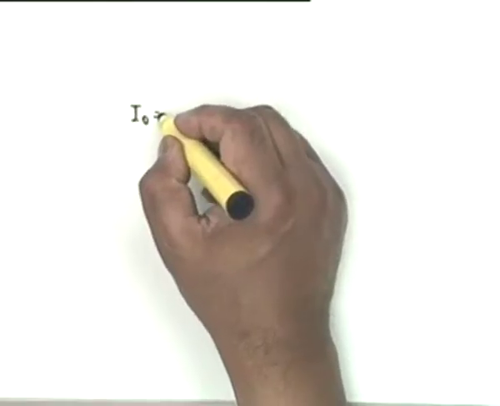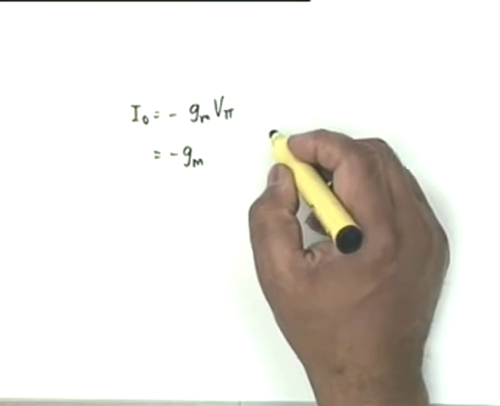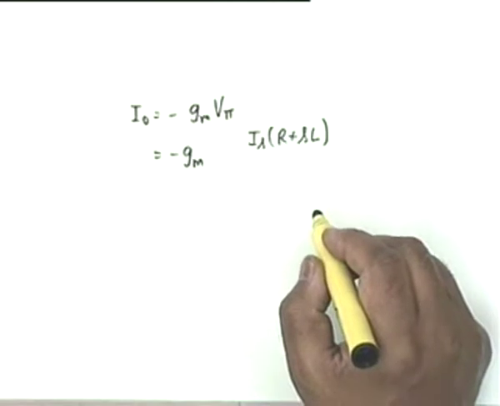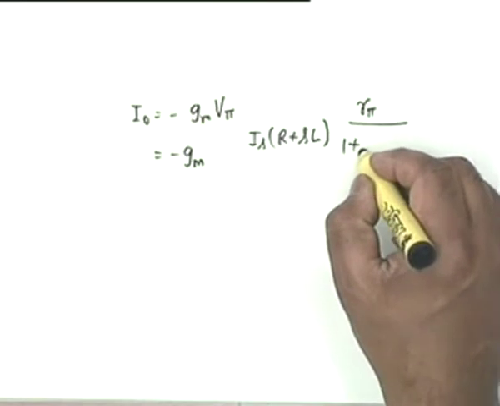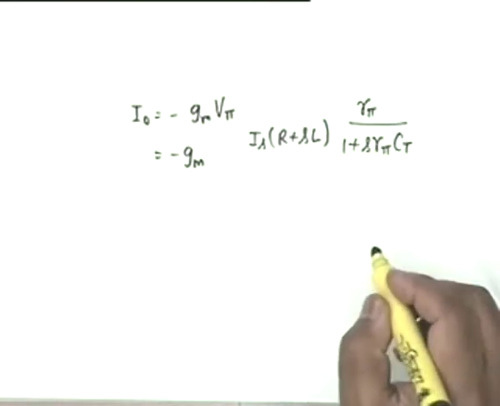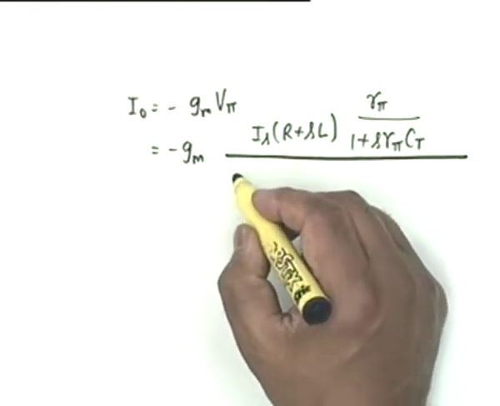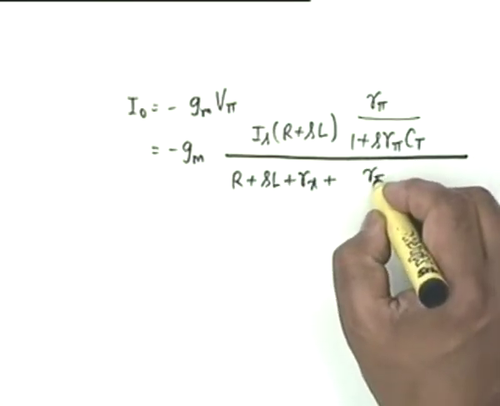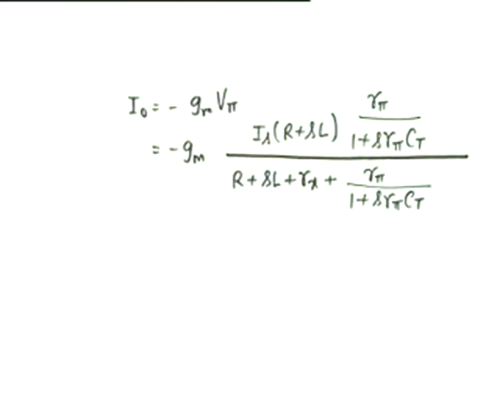So, if I do that, you see that I0 is equal to minus gm V pi, which is equal to minus gm Is (R plus SL), this is the voltage source, multiplied by the impedance R pi divided by (1 plus S R pi Ct), divided by the sum of the 3, that is R plus SL plus Rx plus R pi divided by (1 plus S R pi Ct).